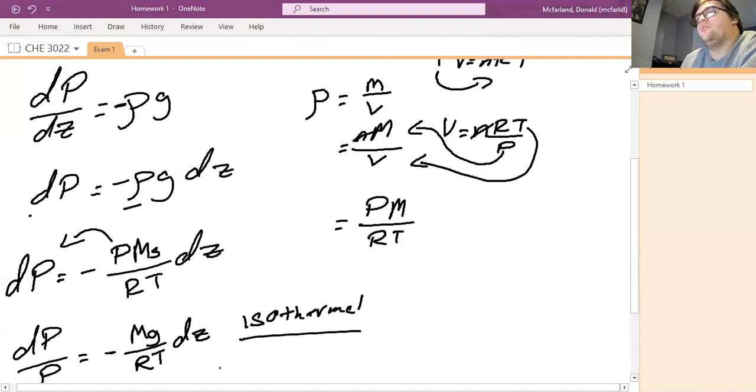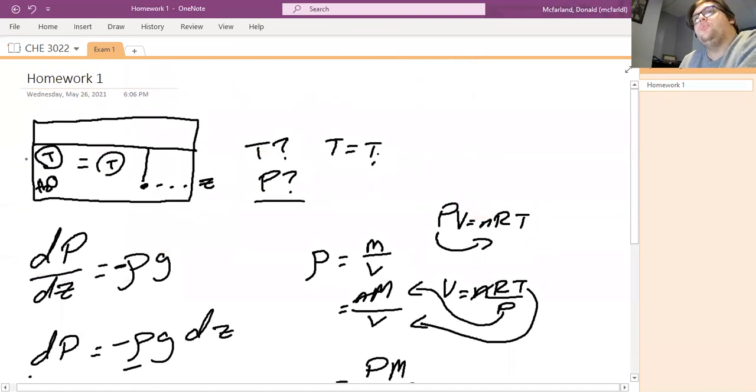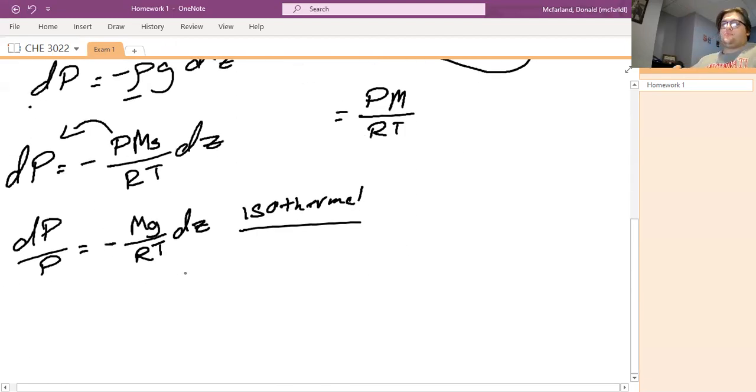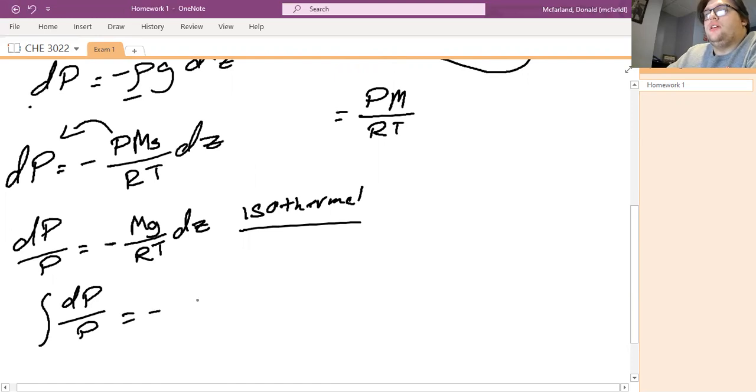The reason it's isothermal is that liquids like water will distribute the heat energy to all of its molecules, giving it the same temperature at one point as at the other. So dP over P equals negative Mg over RT times dz.